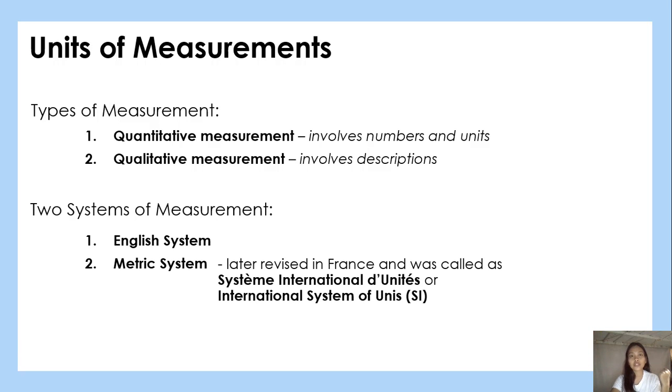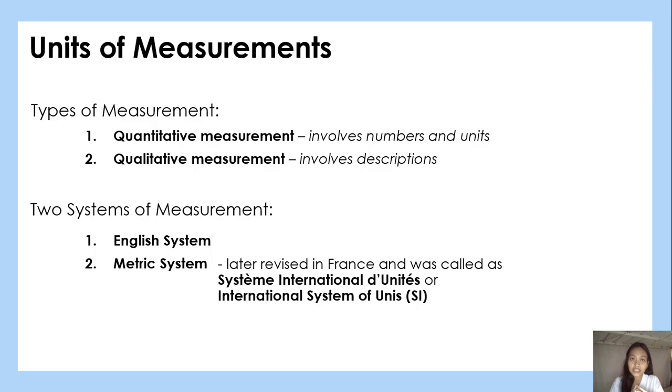Also, there are two types of systems of measurement. We have the English system and the metric system. English system is commonly used in the United States, while the metric system is the most commonly used, because it is simple, convenient, and less complicated.